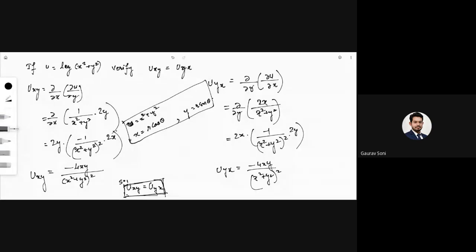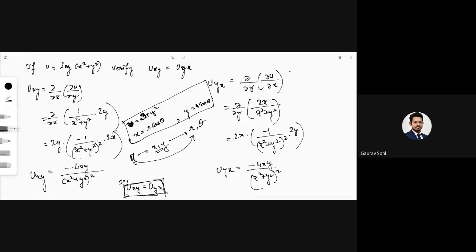So ultimately what is it there? u is the function of x comma y, or to make this complicated, what I will do is x cube plus y square. So u is the function of x and y. x and y are the functions of r and theta. Okay. So ultimately your u is the function of r and theta. So this is the kind of composite function.